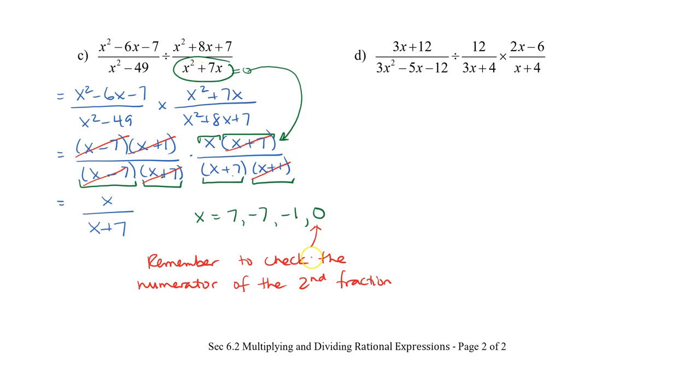So check for the numerator of the second fraction for non-permissible values. Because it was in the denominator and can't be 0, we still need to check the numerator after we flip the fraction. So now you know how to multiply and divide rational expressions.